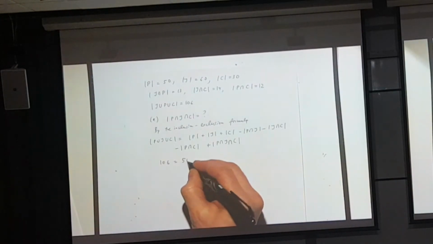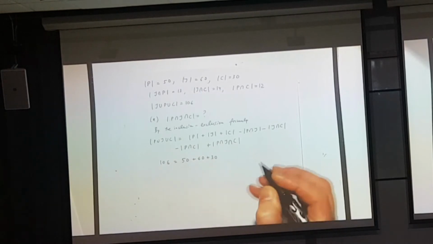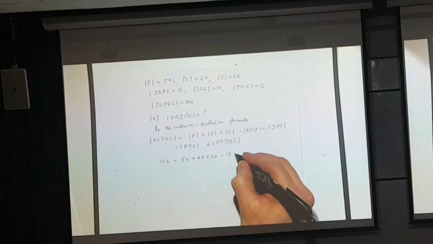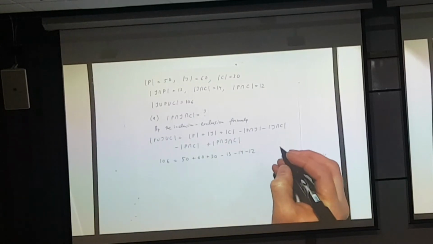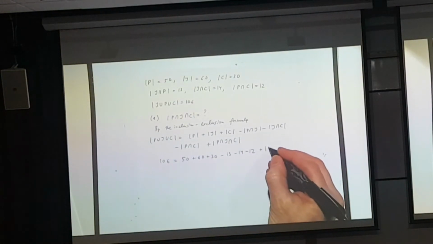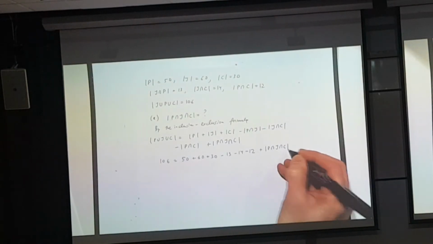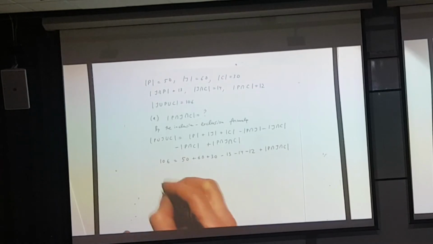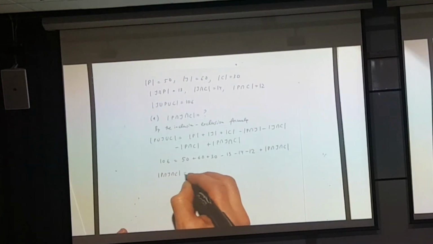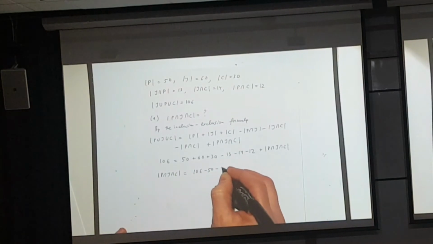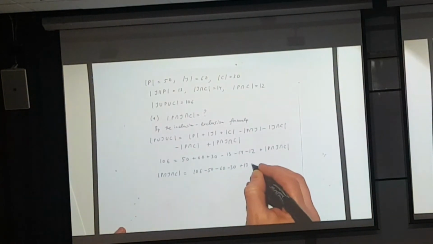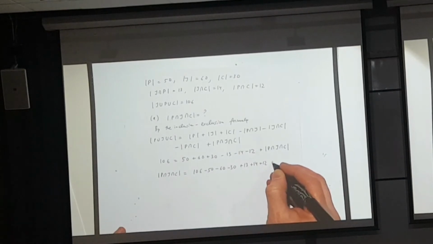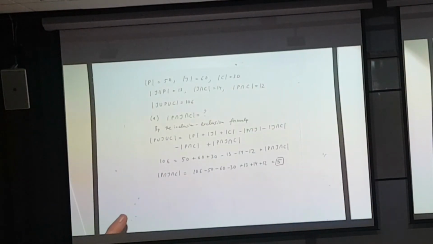On the right-hand side we get 50 plus 60 plus 30 minus the double intersections which are given, minus 13, minus 14, minus 12, and plus what we are after, P intersection J intersection C. So moving all numbers into the left-hand side, we get P intersection J intersection C equals 106 minus 50 minus 60 minus 30 plus 13 plus 14 plus 12, and that gives us 5. Okay. So that's the answer to part A.